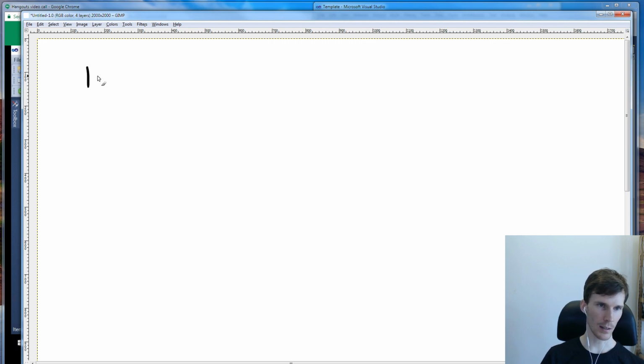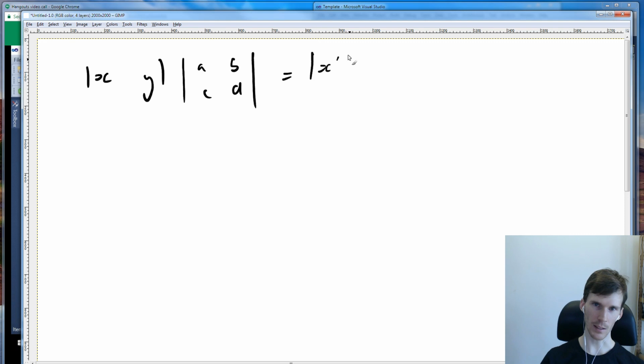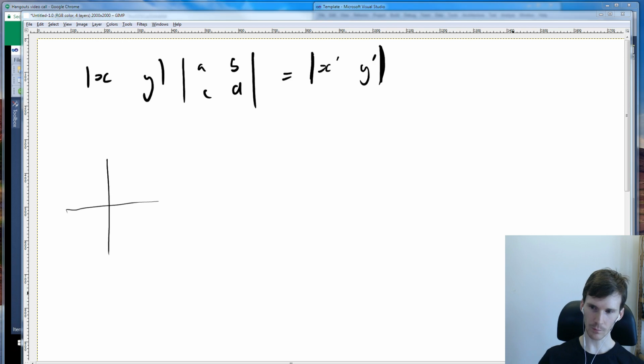Okay, so we had x and y, and we had a, b, c, d, and then equals x dash, y dash. What we were just doing is we had the vector 2, 1, and that was our x and that was our y, and now we want to rotate this.